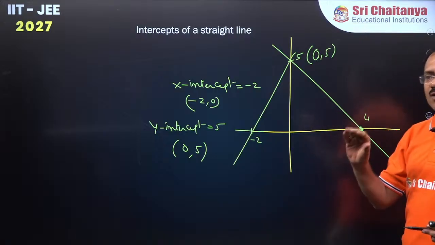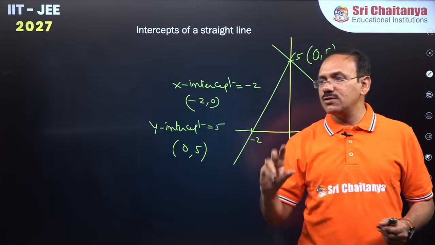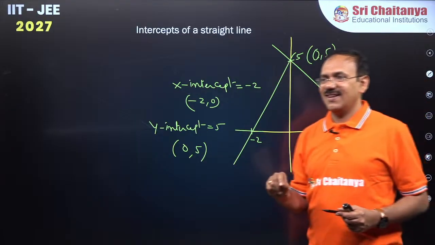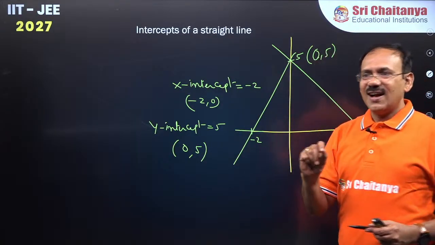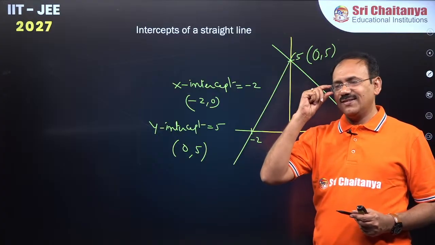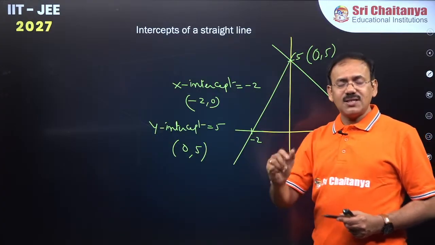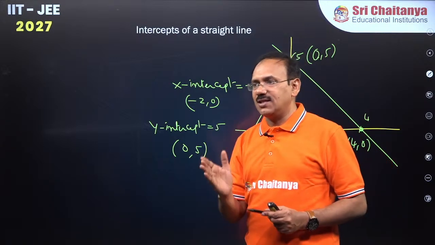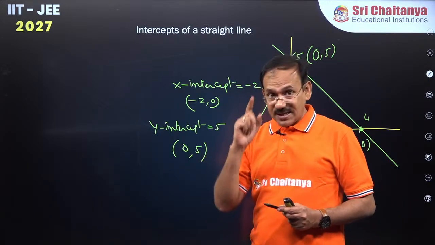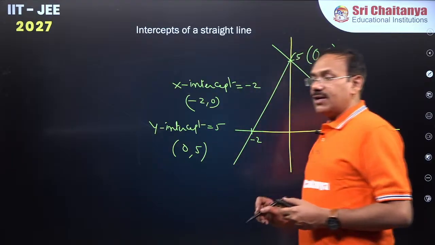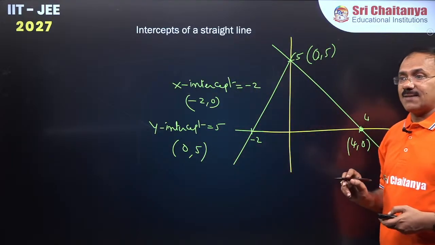So, I have introduced the inclination of a line. Slope, that means the angle made by the line with the positive x-axis is theta. Second, slope is tan theta. And another important point, the meaning of x-intercept and y-intercept.